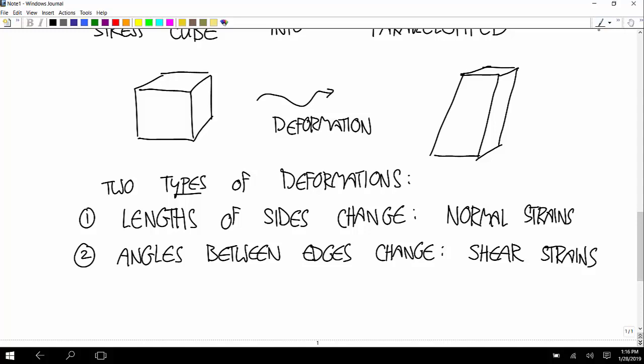Okay, so you can see the idea is this: the length of this side got shorter, the length of this side got longer, this angle became more acute, this angle became more obtuse, and all of those are going to be represented as strain values.